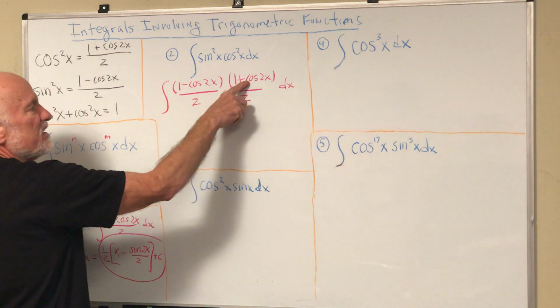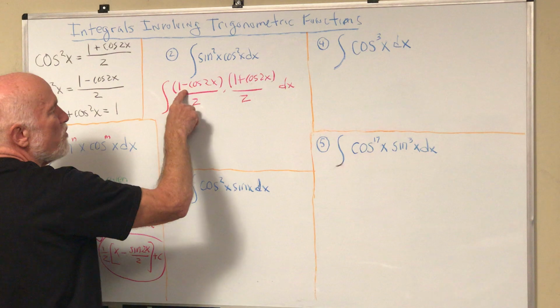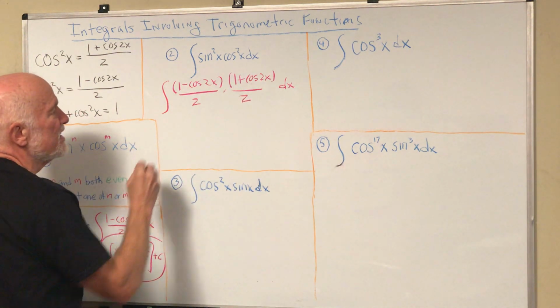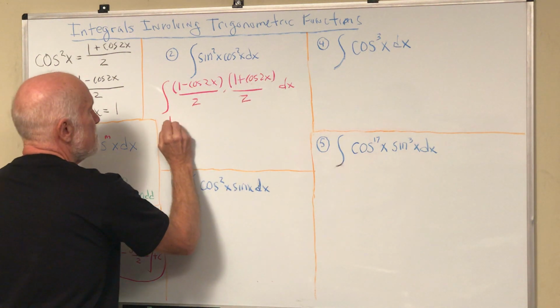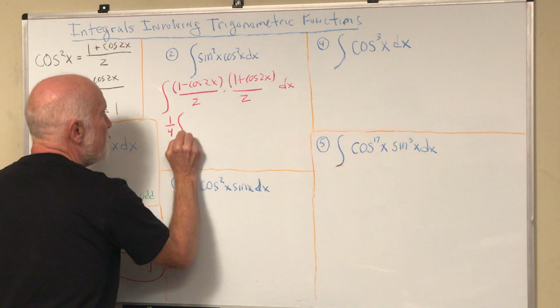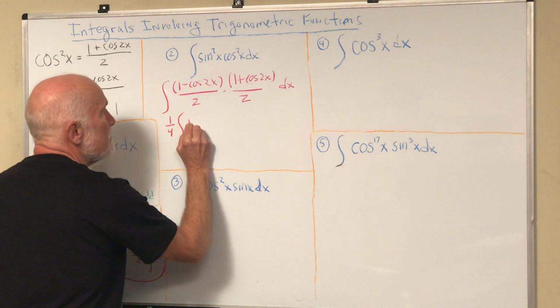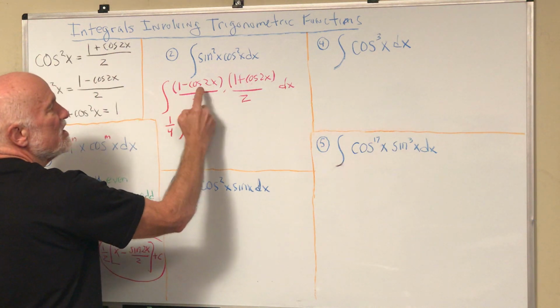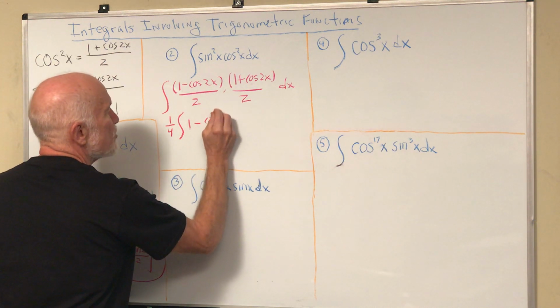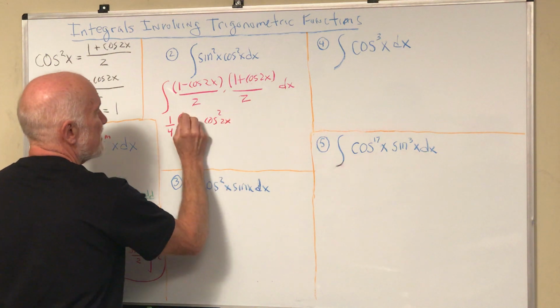And because you have 1 minus and 1 plus, conjugates, besides being able to take the 1/4 out front, when I multiply these together, I just get 1 times 1 minus cosine squared of 2x.